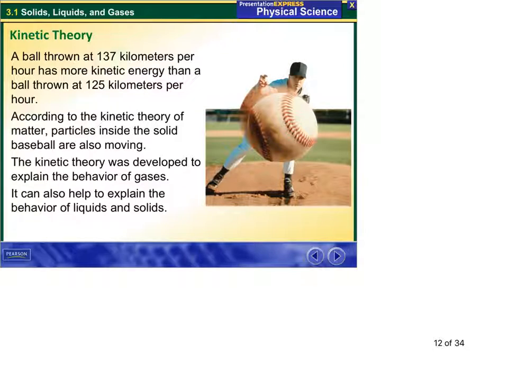A ball thrown at 137 kilometers per hour has more kinetic energy than a ball thrown at 125 kilometers per hour. According to the kinetic theory of matter, particles inside the solid baseball are also moving. Kinetic theory was developed to help explain the behavior of gases, but it also helps explain the behavior of liquids and solids.